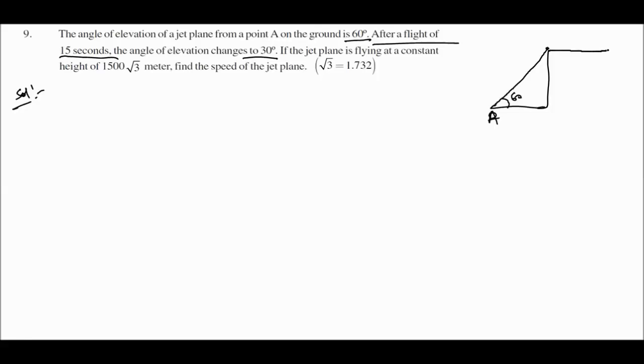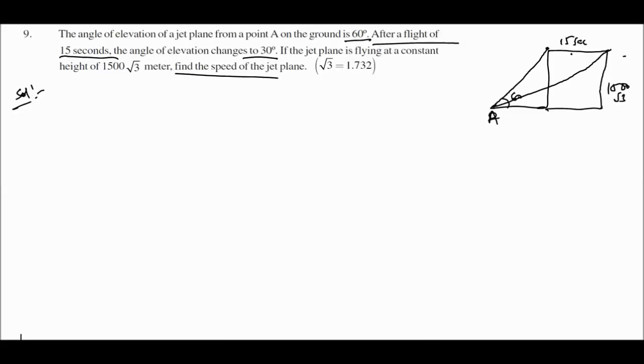So it goes like this, up to here, and the angle becomes 30 degrees. Now the plane goes from here to here in 15 seconds, at a height of 1500 root 3 meters. Find the speed of the jet plane.